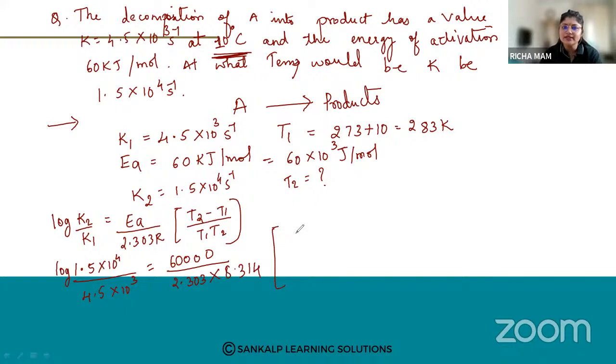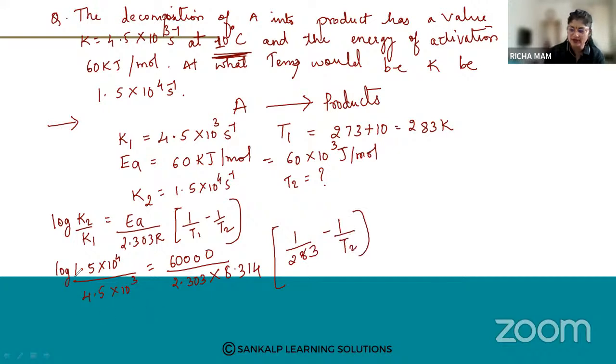Can I write (T2 minus T1) by T1 T2 as 1 by T1 minus 1 by T2? Yes, I can write it like that, because we have to find T2, so this will be much easier. So let us put the values: 1 by T1, which is 283, minus 1 by T2. Now find out this.